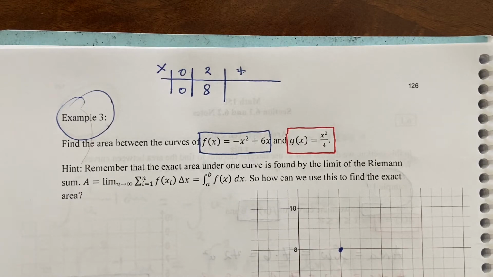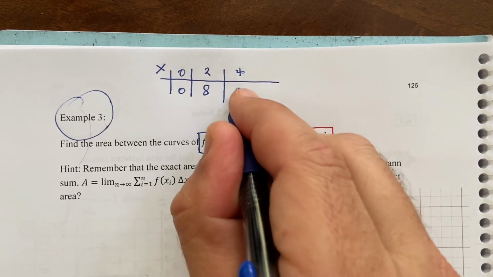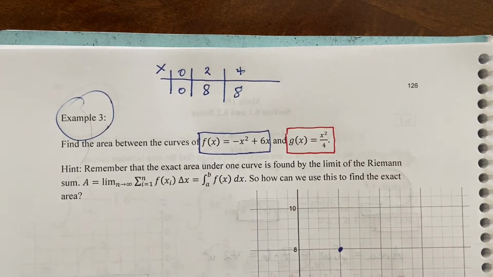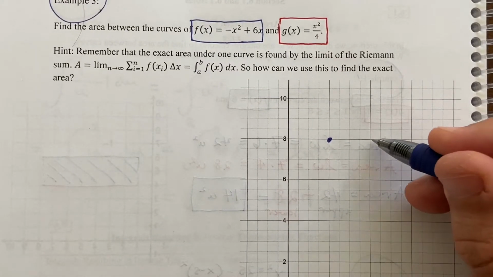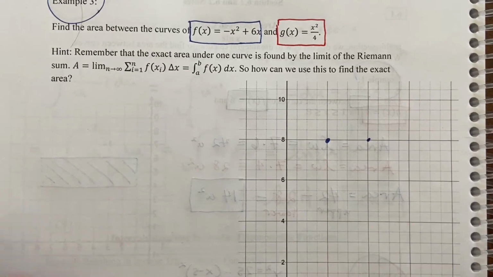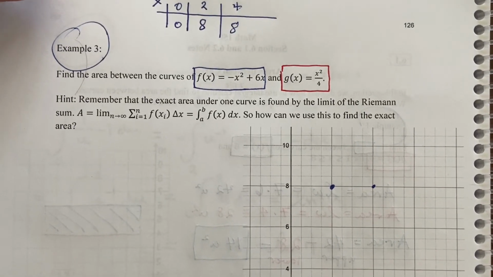That's 8. So over here, right here again. Let's go out to 6.